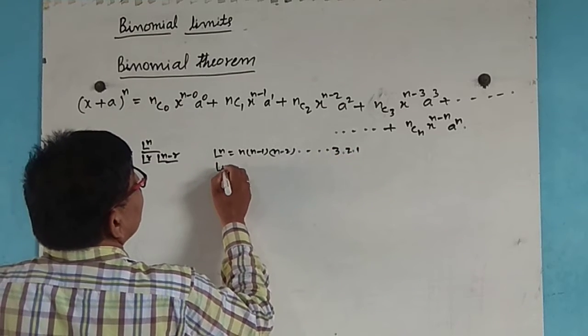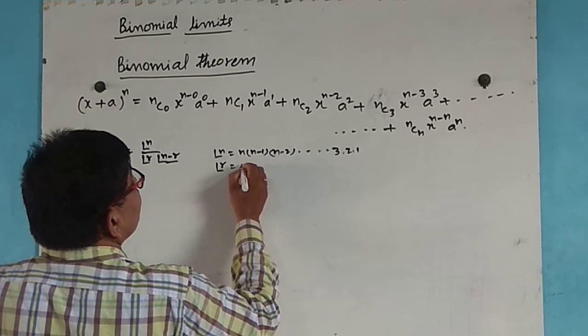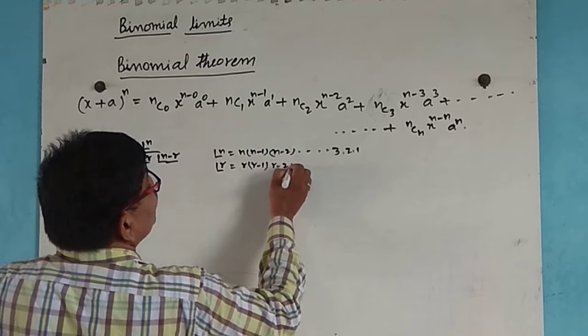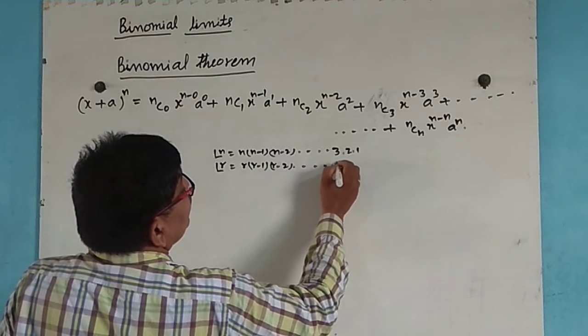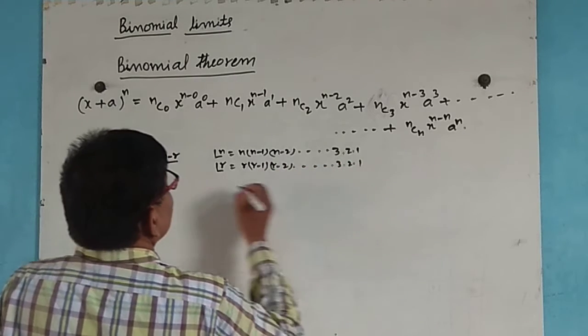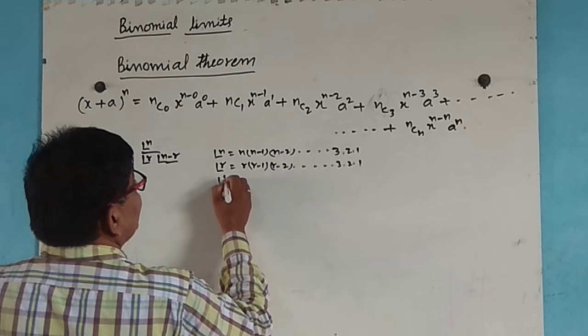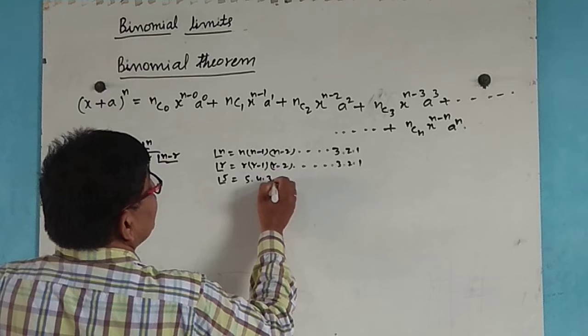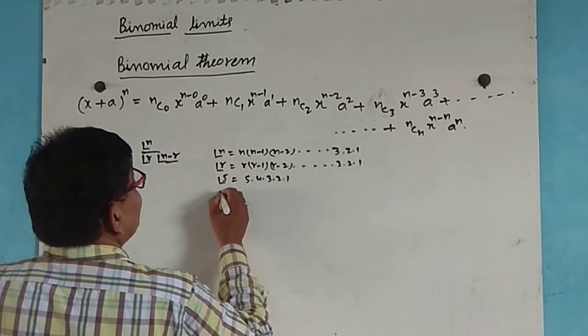Factorial r means r into r minus 1, r minus 2, that is also 3, 2, 1. Factorial 5 means 5 into 4 into 3 into 2 into 1.